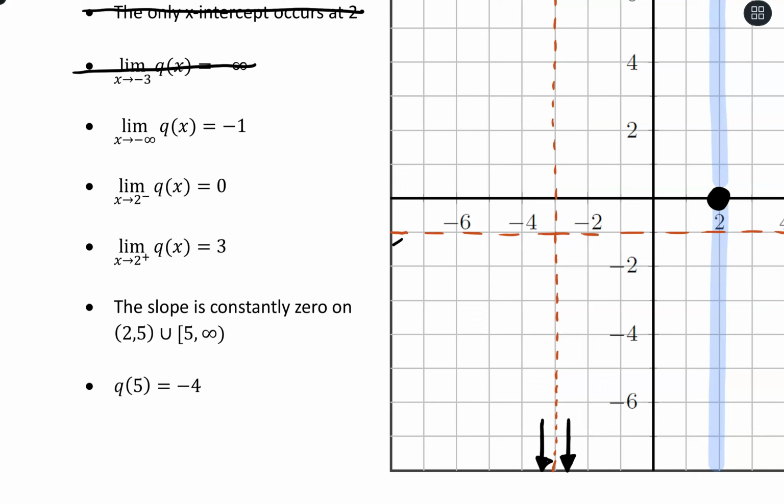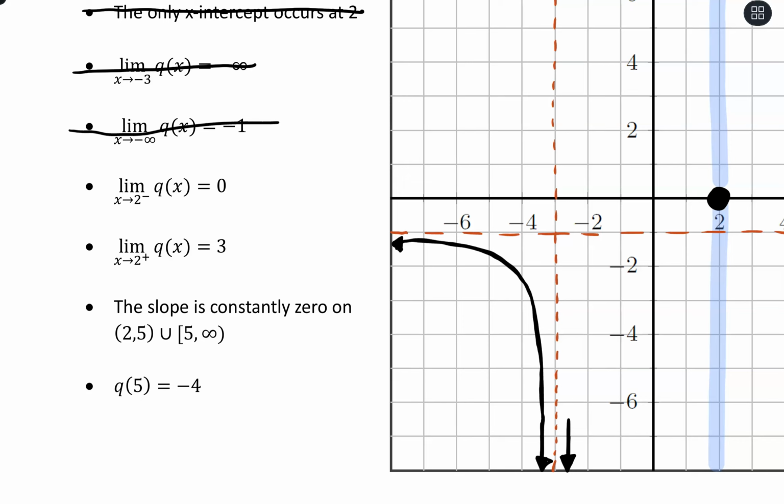Yeah, so we're seeing something like this over here on the left-hand side. So as x goes to negative infinity, we're approaching -1.